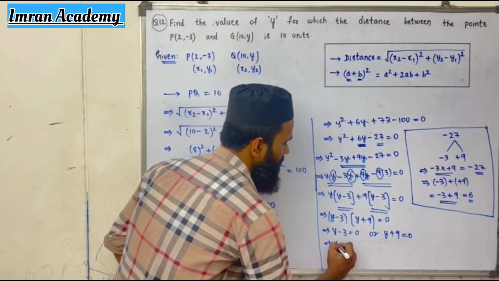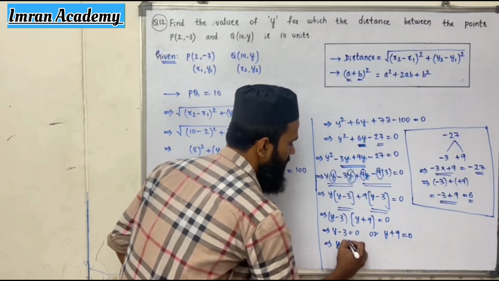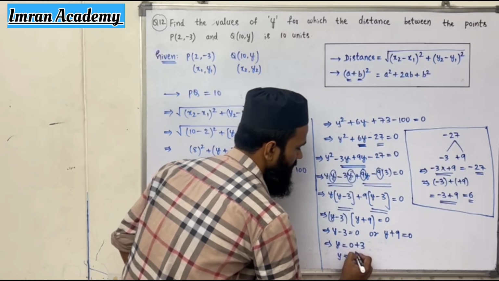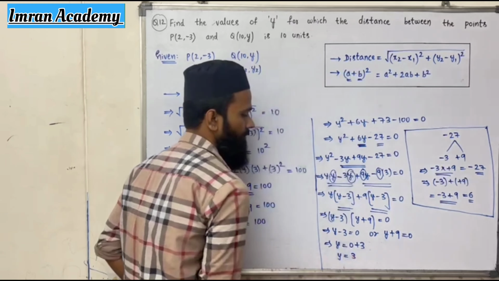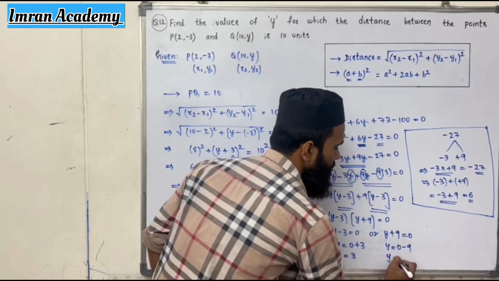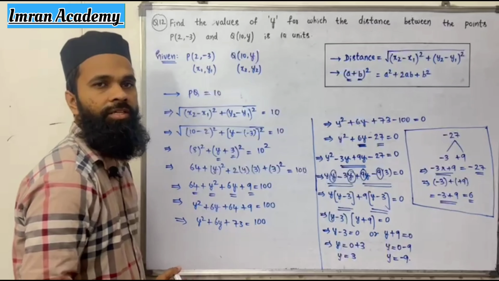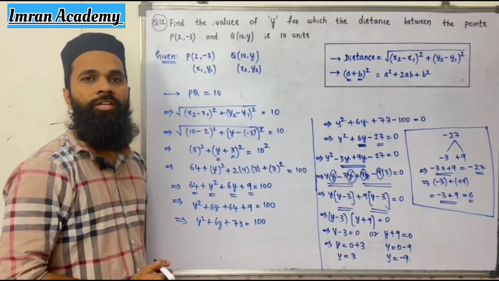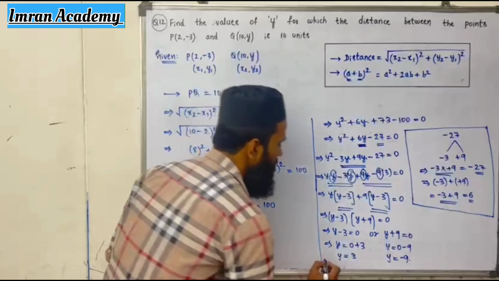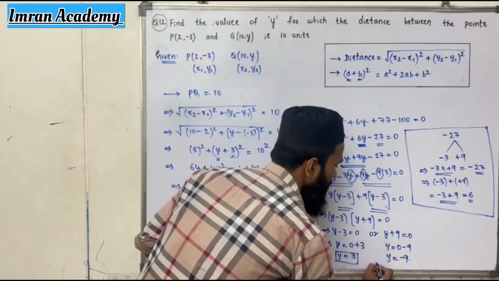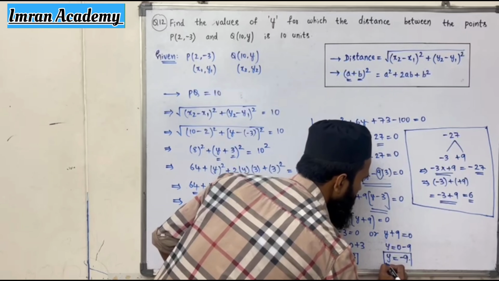That implies y is equal to 0 plus 3, minus 3 becomes plus 3. y is equal to 3, or y is equal to 0 minus 9, plus 9 becomes minus 9. Here finally we got the values of y as y is equal to 3 or y is equal to minus 9.